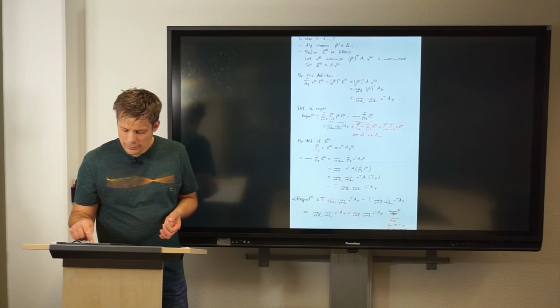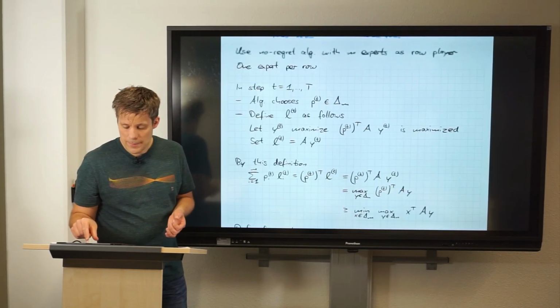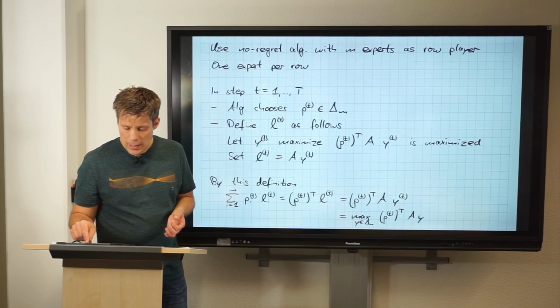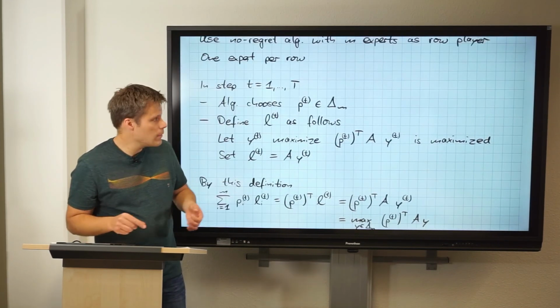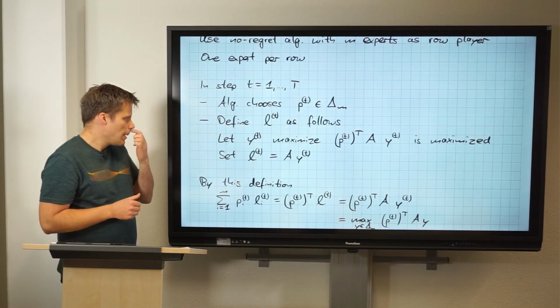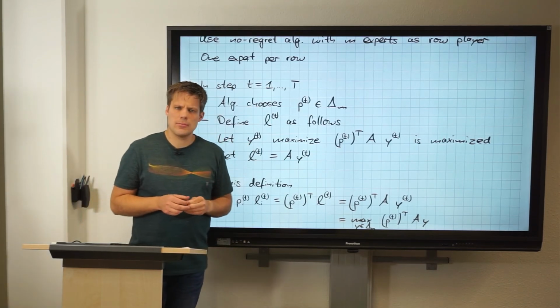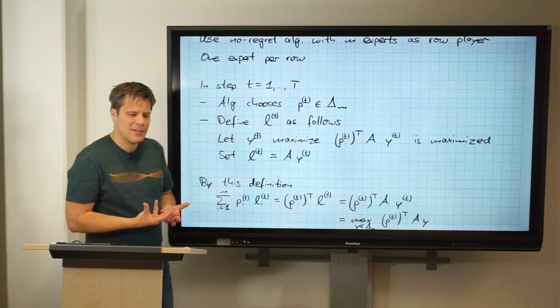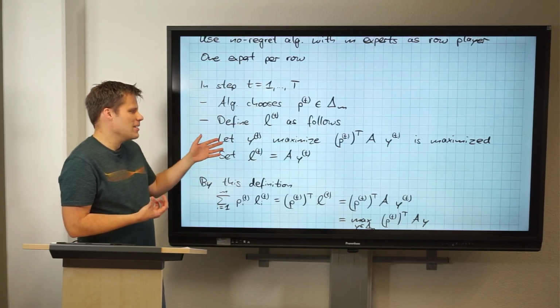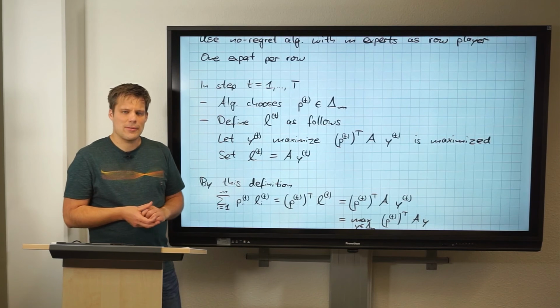Well, this good strategy for the row player was our algorithm's choice here. This row player was playing against this really adversarial column player who always chose to make things as difficult as possible for the row player.